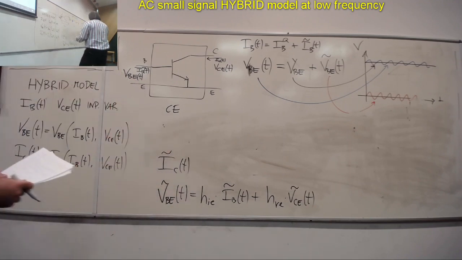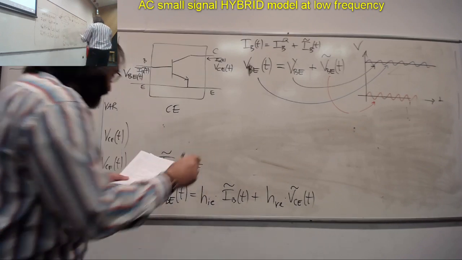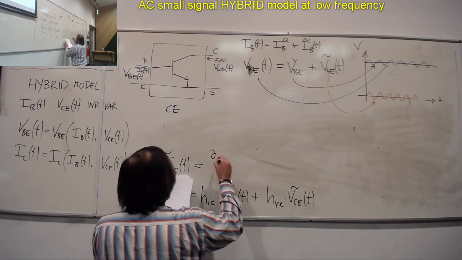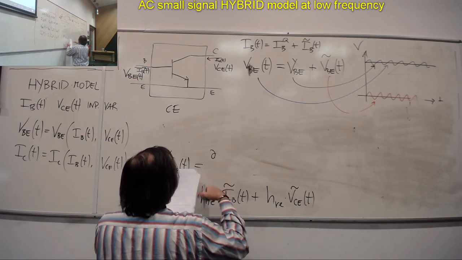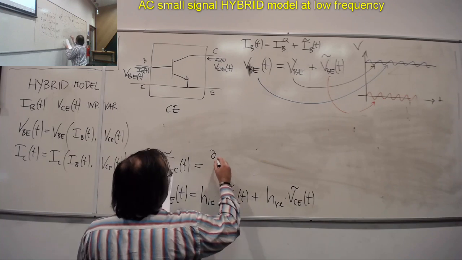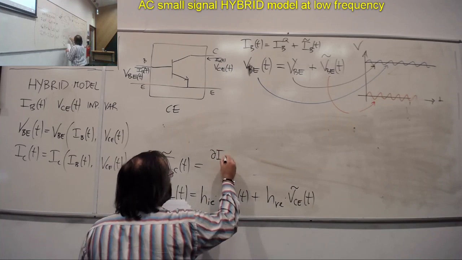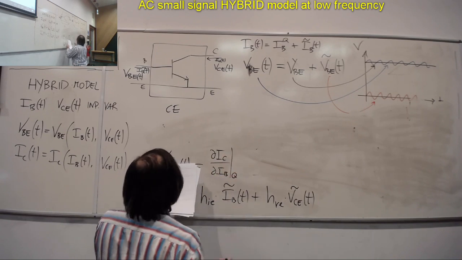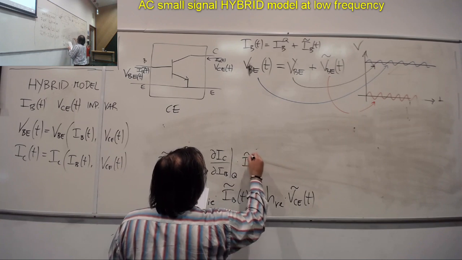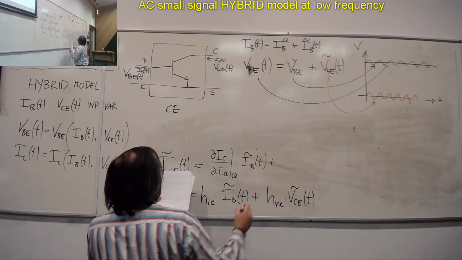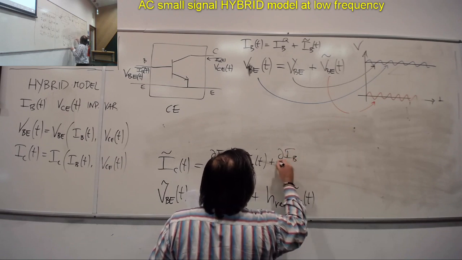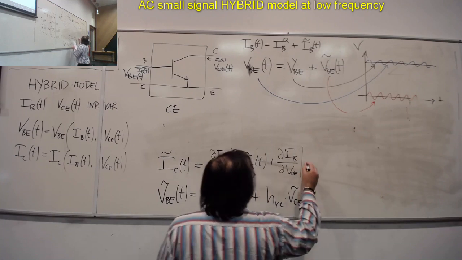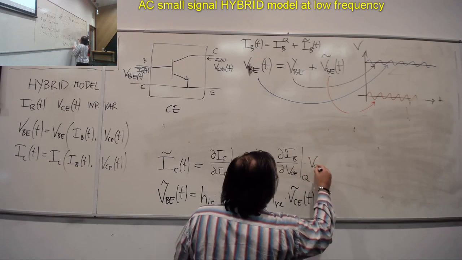I will still write down the derivatives so that we can comment what they are. You can find anyway all the steps in my notes, but it's exactly the same. So dIC over dIB, calculated in the equilibrium point, times IB tilde, plus dIC over dVCE, calculated in the equilibrium point, times VC.